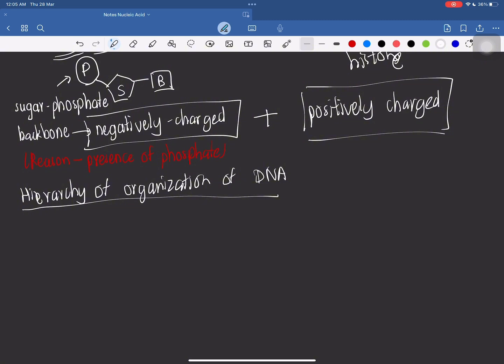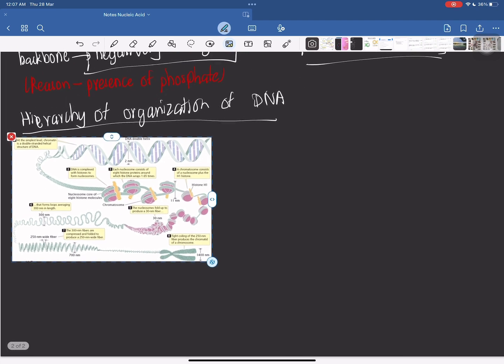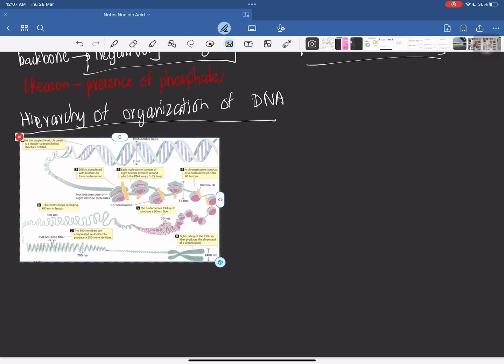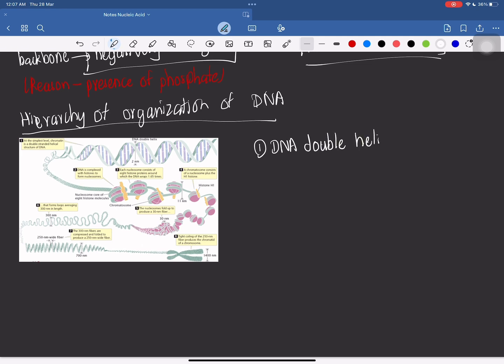So how are they going to be packed? It will be a bit hard for me to draw out, so I took a photo from Google. The first one is the DNA double helix, which is the double-stranded DNA.